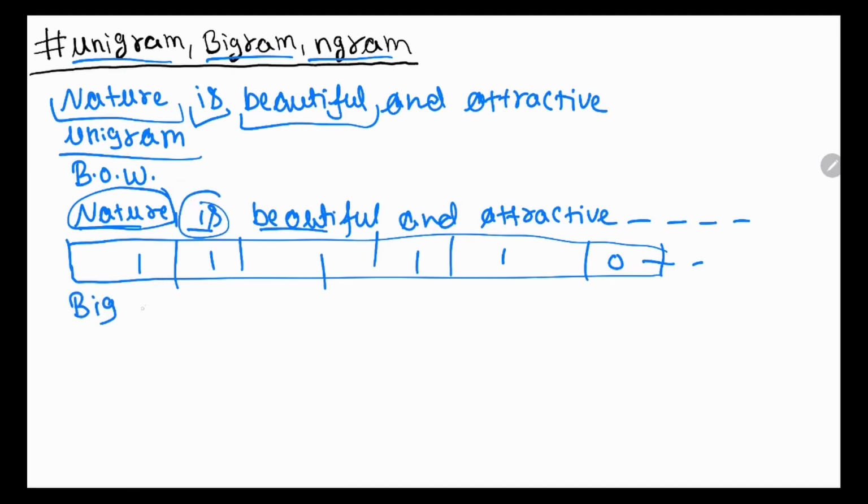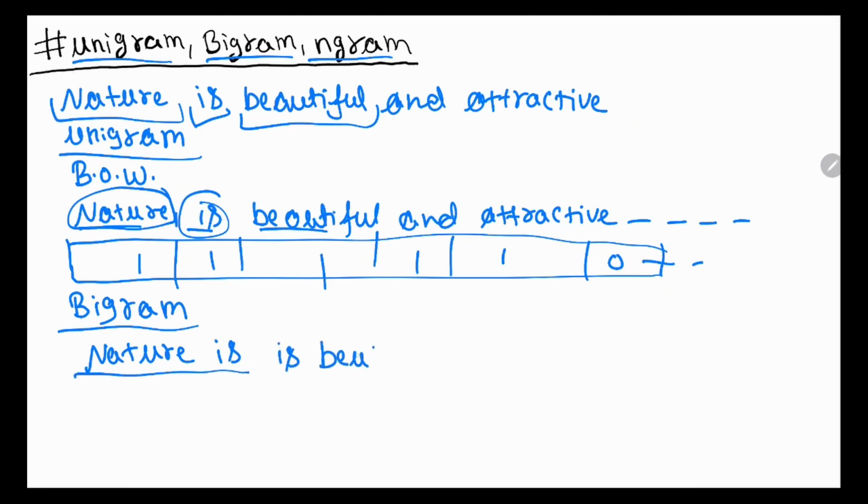What does bigram say? Bigram says that take a pair of words. This means take two words at a time. When you are constructing the bag of words features, then take two words. So here we will have: nature is will be one of the features, then is beautiful will be another feature, and beautiful and, and so on.